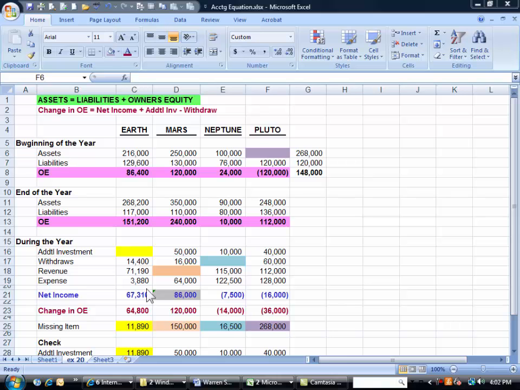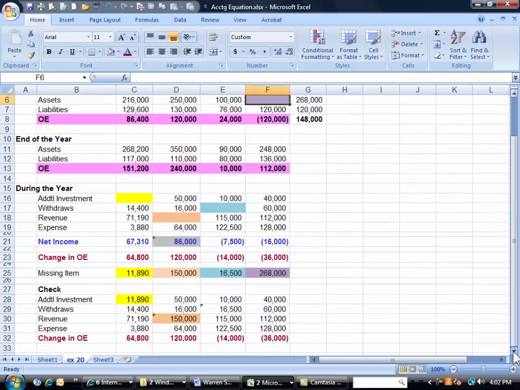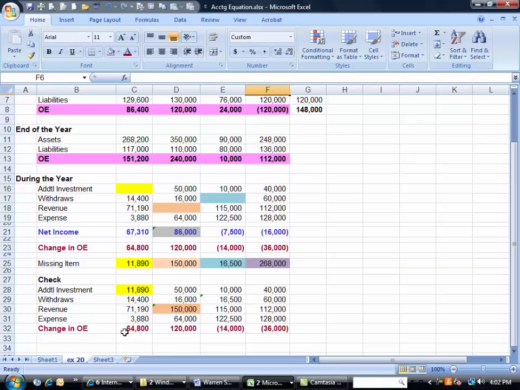So this math here is plus revenue, less expense, less withdrawal, and the missing item is the additional investment. Carrying it along, I checked myself to be sure that I got my change in owner's equity. So the math here is the difference between the revenue less the expense, less the withdrawals, plus the additional investment. And you can see up here my formula at the top is actually doing that.